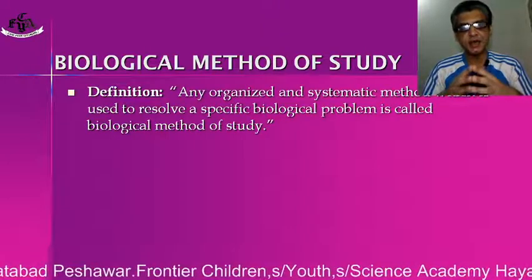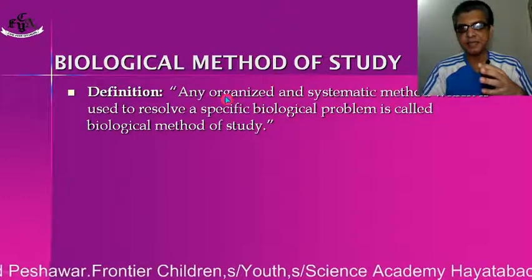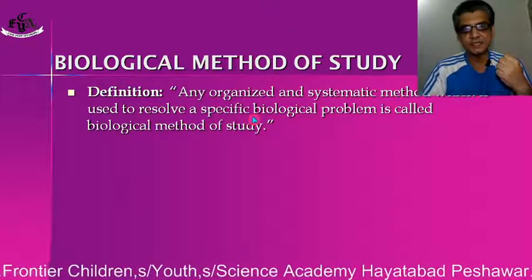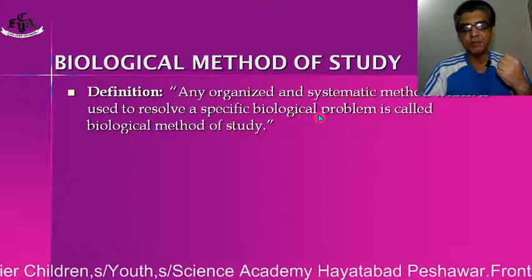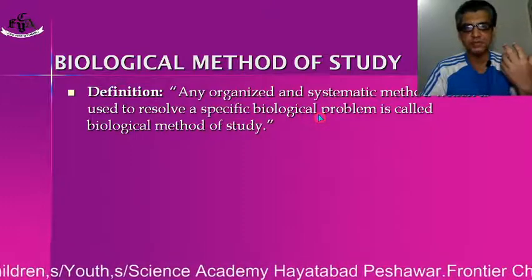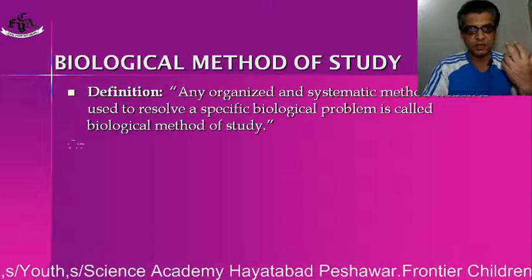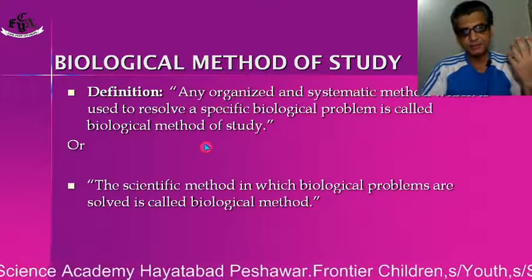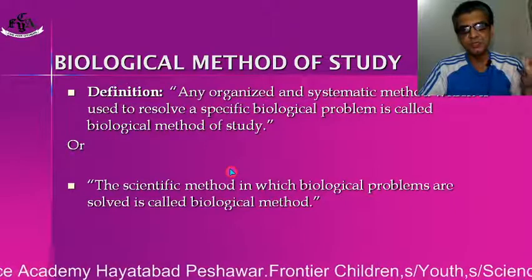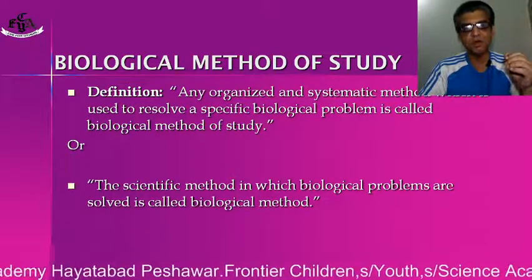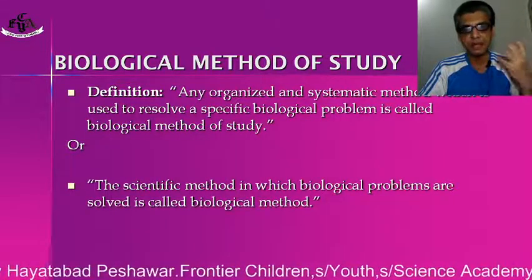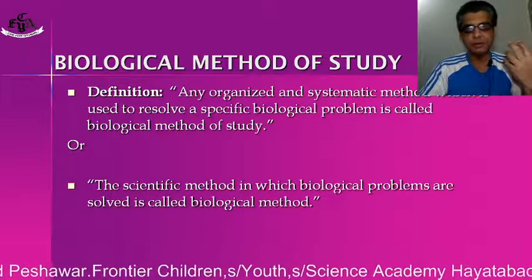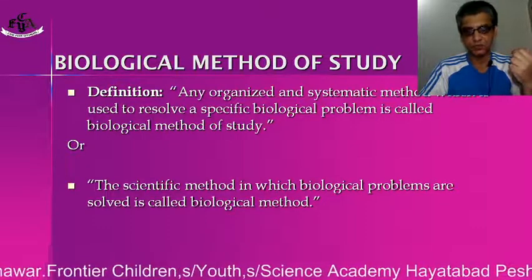Definition: any organized and systematic method which is used to resolve a specific biological problem is called biological method of study. Or in other words, the scientific method in which biological problems are solved is called biological method. So this was the definition of biological method of study.